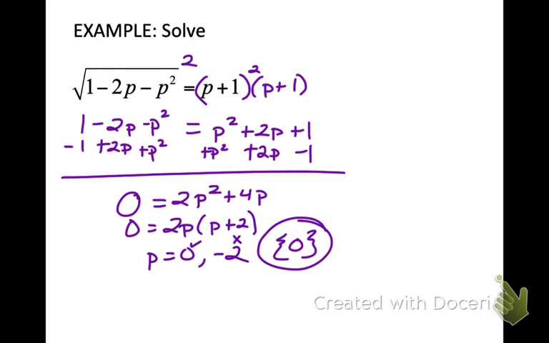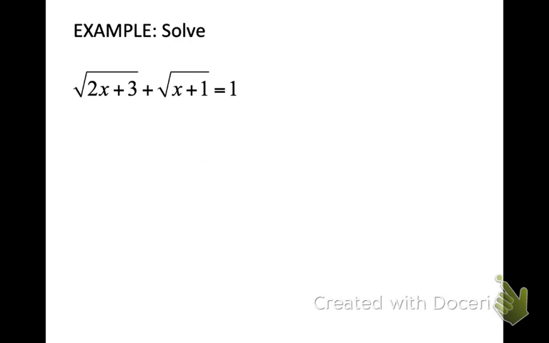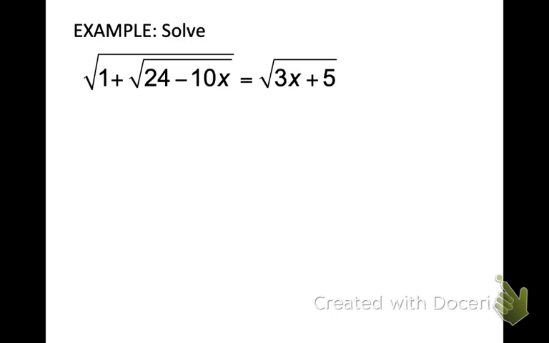Okay? All right, before we get to cube roots, let's do one crazy one where we have a radical within a radical. So I have the square root of 1 plus the square root of 24 minus 10x is equal to the square root of 3x plus 5.